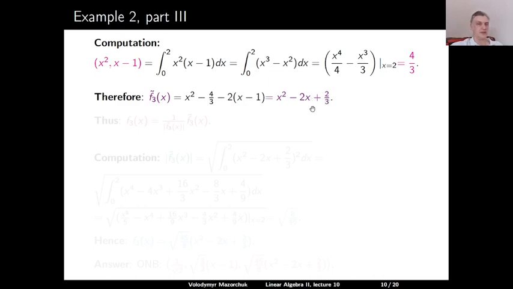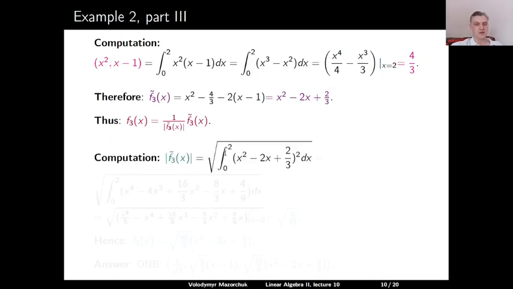And now this will get messy, because the outcome f3 of x should be computed as f3 tilde divided by the length of f3 tilde. And the length of f3 tilde is the square root of the integral between 0 and 2 of this polynomial, x squared minus 2x plus 2 divided by 3, squared dx.